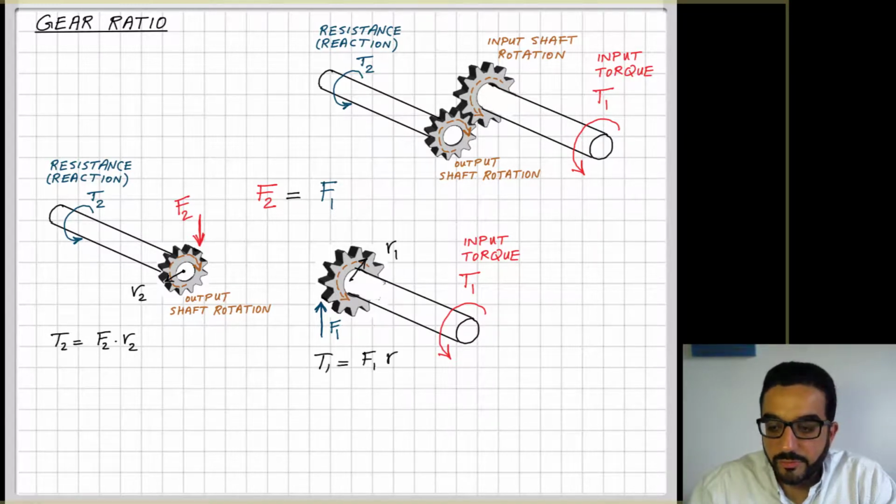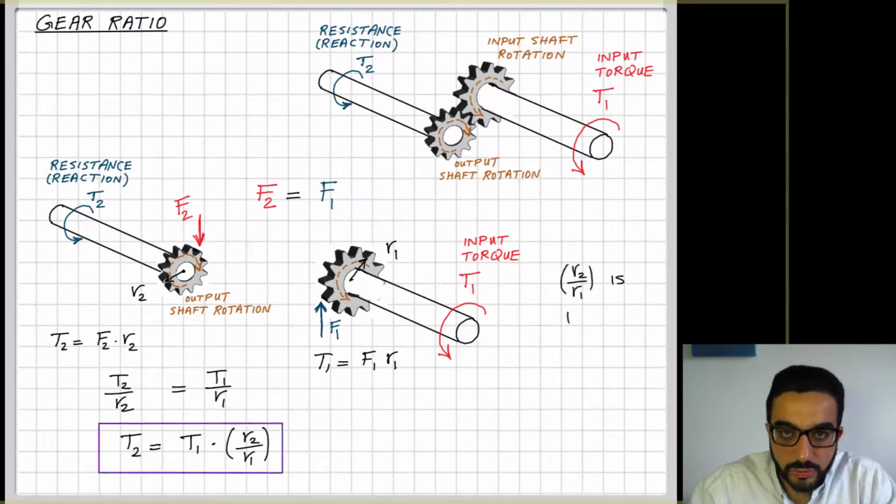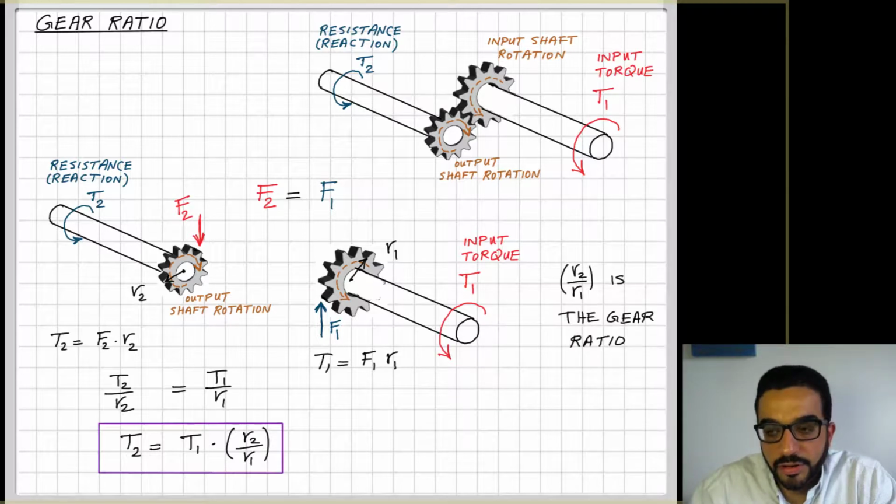I can do the same for the input gear: T1 is equal to F1 times R1. Since F2 and F1 are equal, F2 is equal to T2 over R2 and F1 is equal to T1 over R1. This means that the output torque T2 is equal to T1, but adjusted by the ratio between the radius values of the connected gears. This ratio between R2 and R1 is what we call the gear ratio.